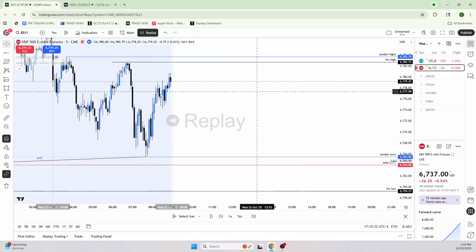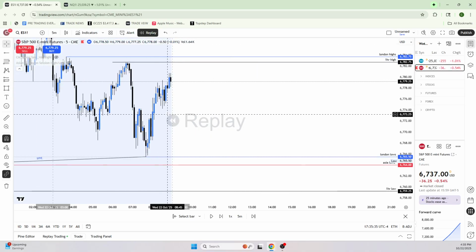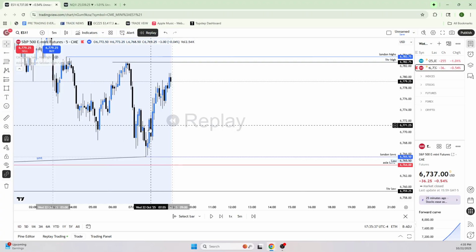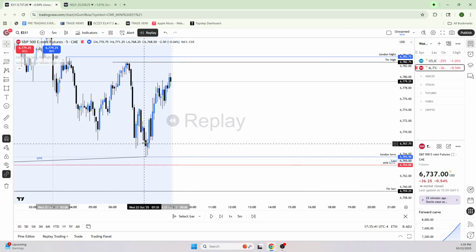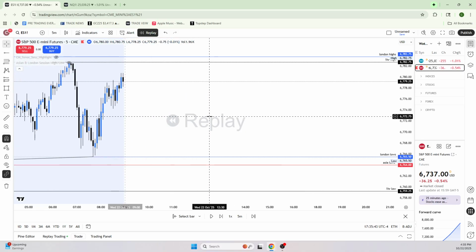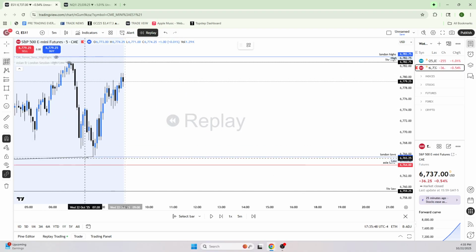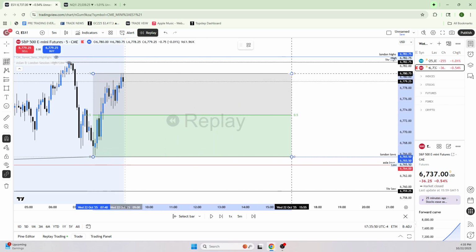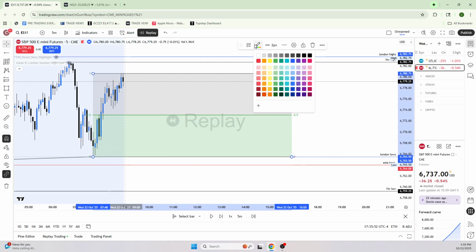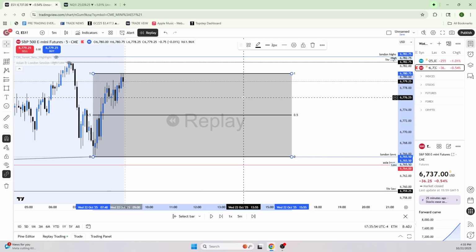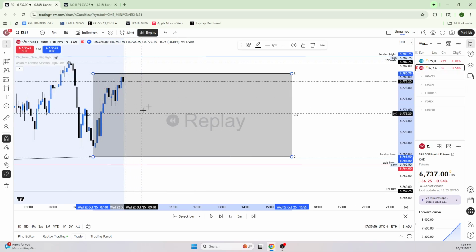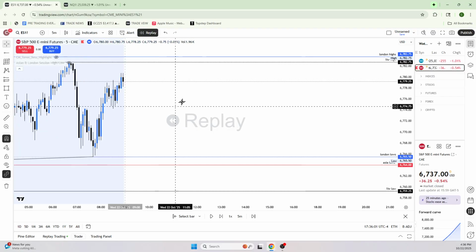But I do think we might get a retrace back down into this order block, or maybe tap into equilibrium. Might come down into there. But let's see what happens.